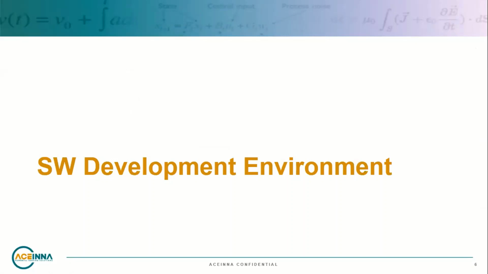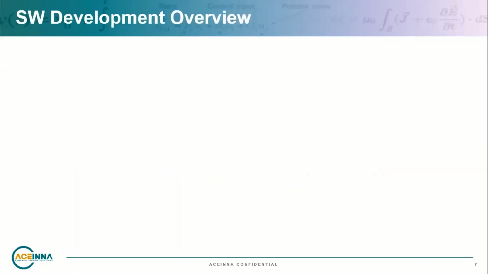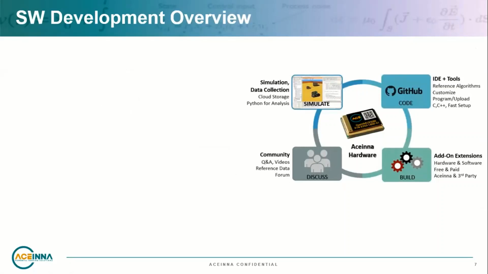So, software development environment. Let's look at the overview of all the software development environment that ACEINNA has to provide. With ACEINNA hardware, we do provide different tools, IDEs and extensions, so that you can program or change the algorithms according to your needs and requirements and upload them to the unit as well.